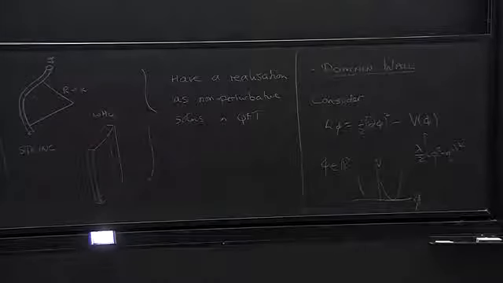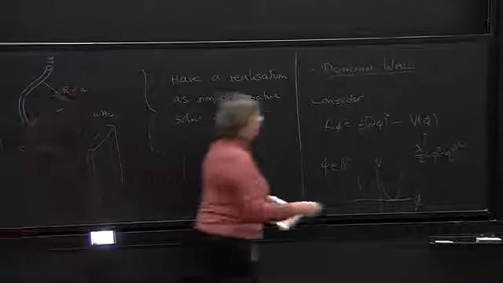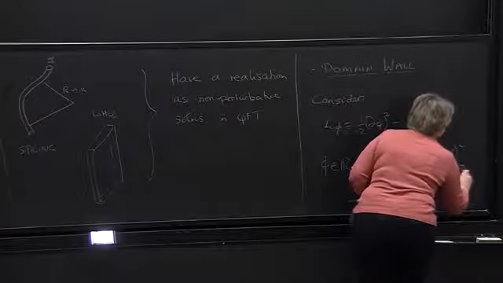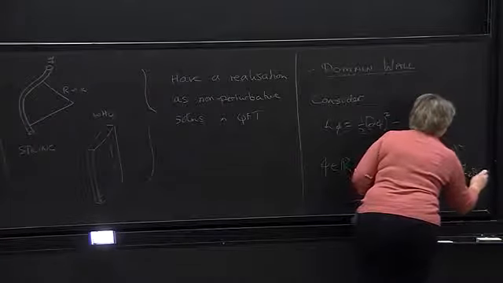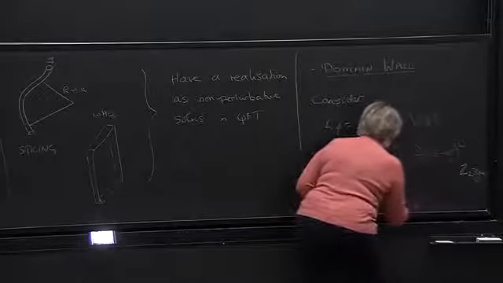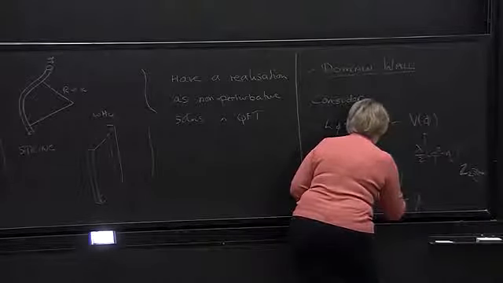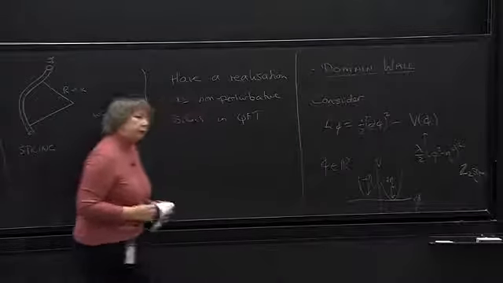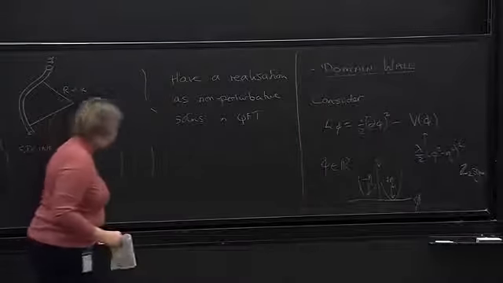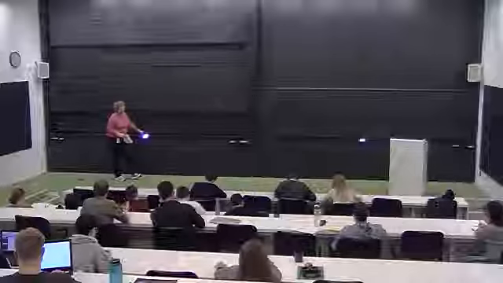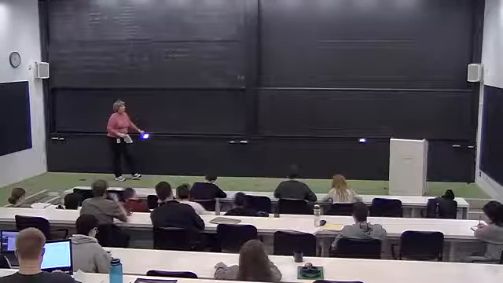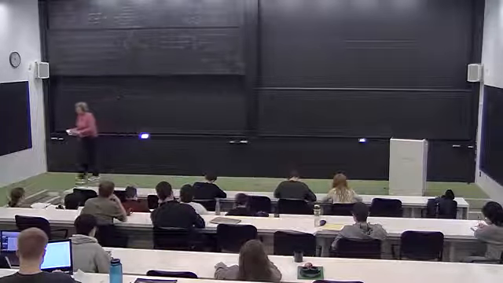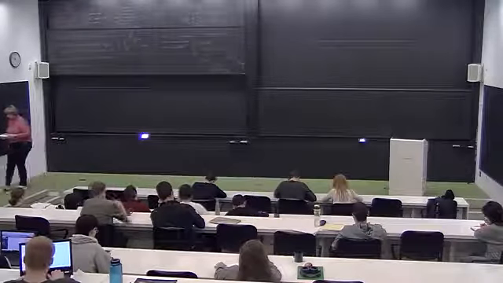So here, the symmetry of our potential is Z2, but our vacua break that symmetry. Once we choose a vacuum, we've broken our Z2 symmetry. So in a sense, this is the simplest example of symmetry breaking.